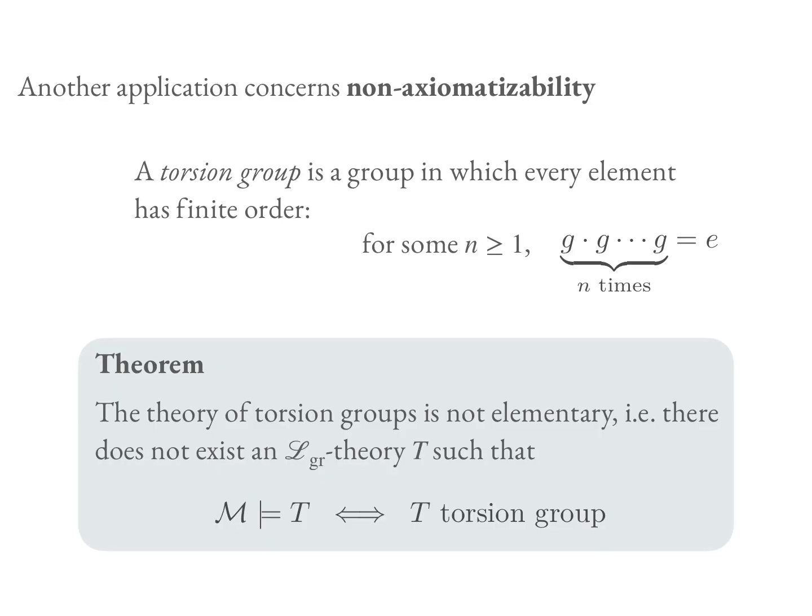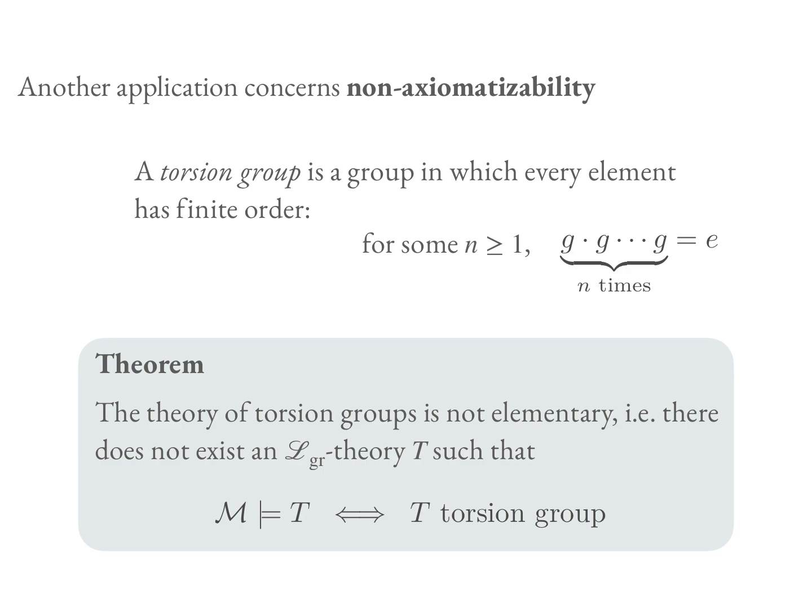Another application of the compactness theorem has to do with axiomatizability, or rather non-axiomatizability. So we demonstrate this with the example of a torsion group. A torsion group is a group in which every element has finite order. So that means for some n, this expression will be true for every element.